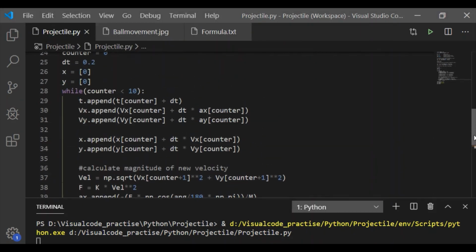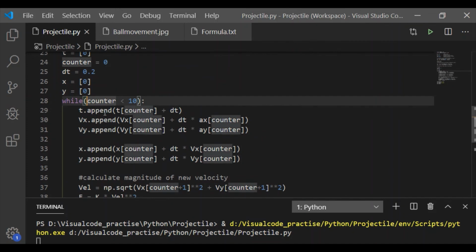Now when the ball hits the ground, the value of the y-axis will be 0. So let us run the while loop until the y value is greater than or equal to 0. We are not restricting the trace to 10 count values.